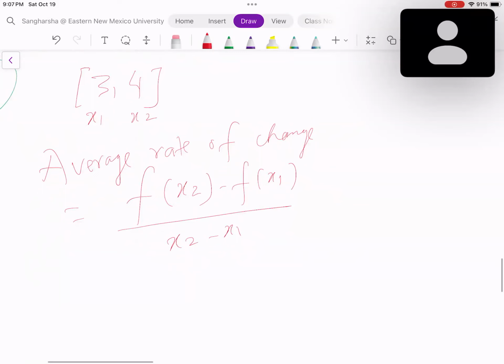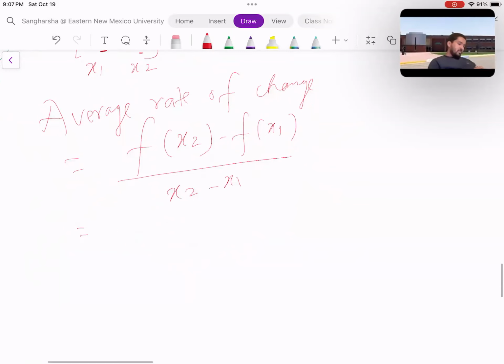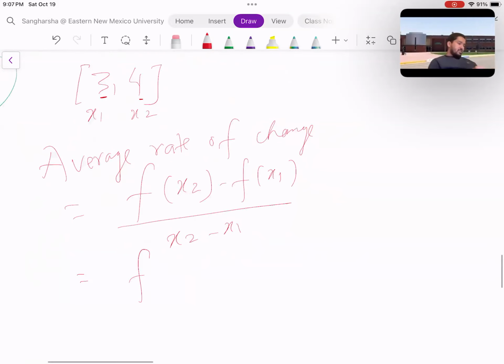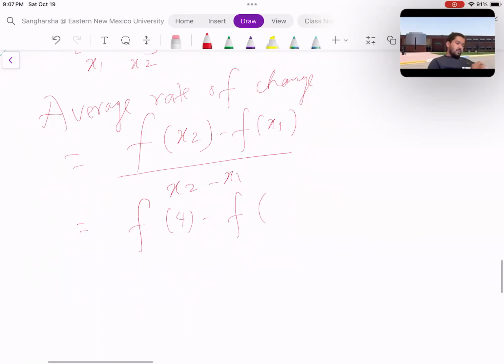Now you have your x1 and x2 here, so let's substitute them. We have f of x2, which is f of 4, minus f of x1, which is f of 3, divided by 4 minus 3. Now you have the graph, and you find f of 4 from the graph. When x is 4, our y is 1, so f of 4 is 1.